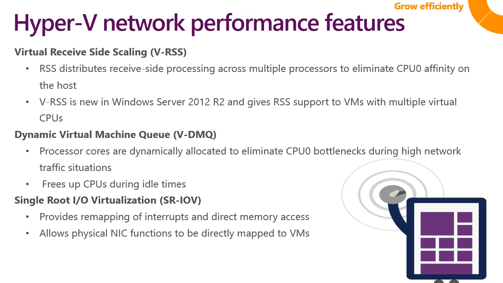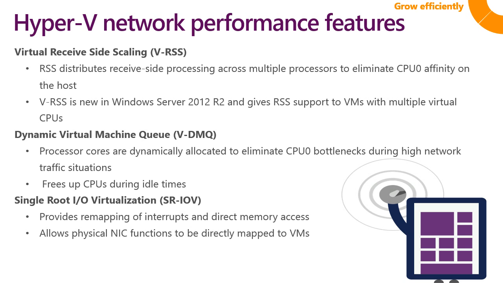So first up, we've got receive side scaling. So this is something that was introduced with Server 2012 R2, but what it does is it allows you to start spreading some of the workload from the CPU across multiple physical and virtual cores inside of the CPU. So instead of one core, for example, getting pegged pretty hard with network traffic, instead it's something where it can distribute that load, which means overall you get a much more responsive performance.